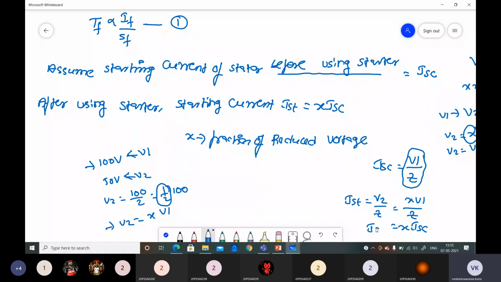So here IST equal to X times ISC. IST means starting current after using the starter, and ISC is starting current before using the starter. The relation between these two currents is IST equal to X ISC.